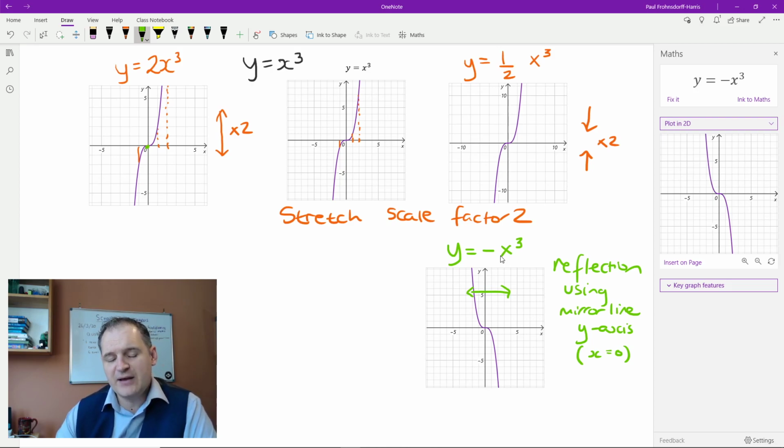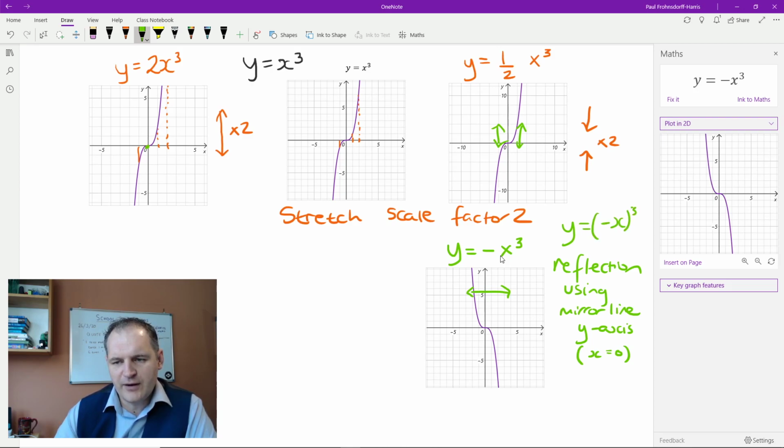If I wanted to flip it entirely the other way, it will look the same, which is a bit weird. But if I wanted to make it so like this goes down and this comes up, so it flips that way, I could use y equals minus x cubed.